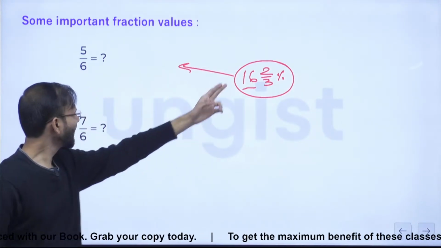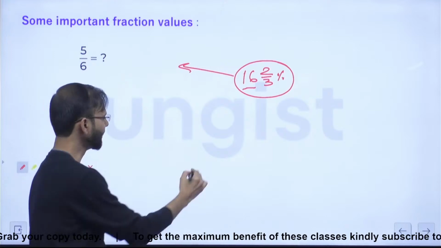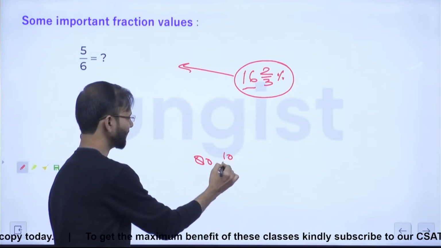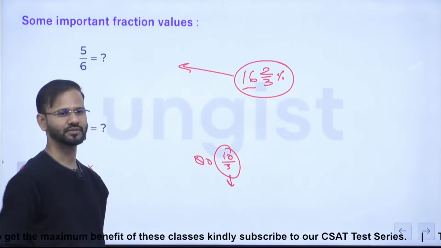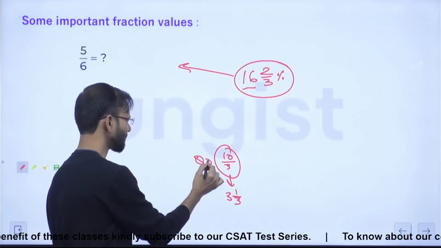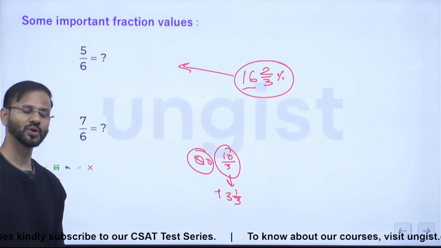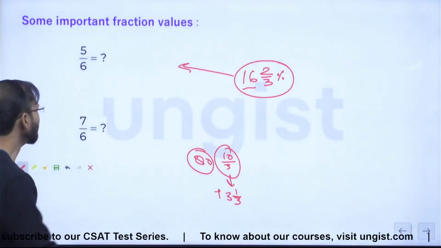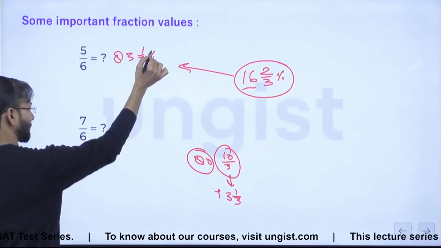And 2 into 5 will be what? 10. So this is 80 and 10 by 3. So 10 by 3 is in itself a mixed fraction. This will be 3 1 by 3. So this 80 and this 3 will be added. So what will this become? 83 1 by 3. Okay, good.